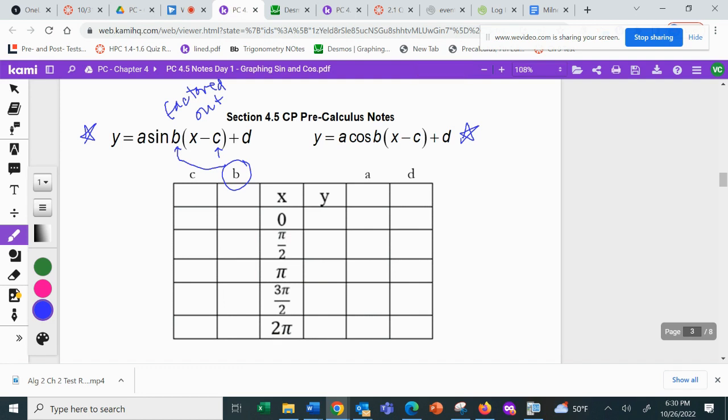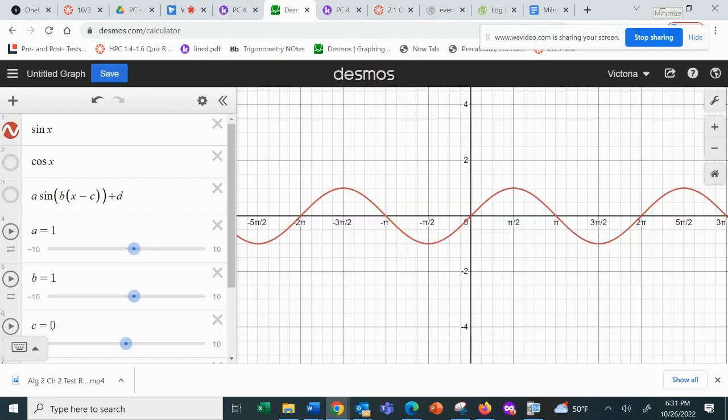So I have this on Desmos, and you're more than welcome to try this if you'd like. What I did was I typed in an equation with the same variables from that picture, and then I made A, B, C, and D sliders. So this will give you the ability to see when I take my A value, this number out front, and I change it to be something other than 1.